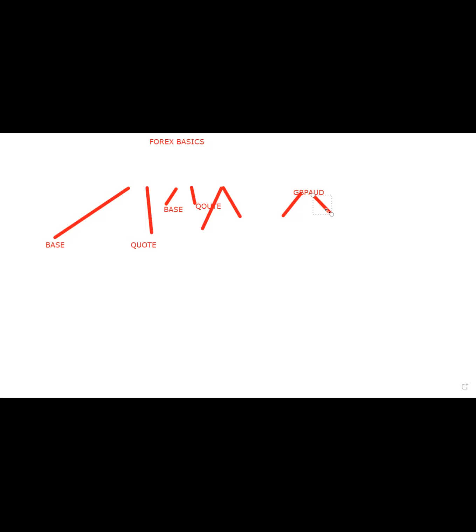So you're not the one to pair them; they've already paired them two by two. It's already listed. So whichever is listed first, just like we agreed, is the base. But the rule says buy when the base is stronger than the quote and sell when the quote is stronger. The question should now be, how will I know whether the base is stronger than the quote so that I know it's time to buy?